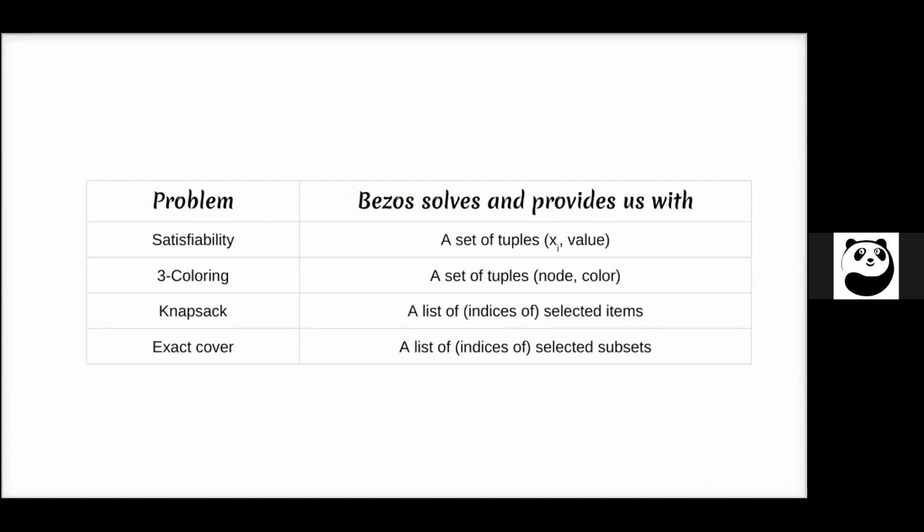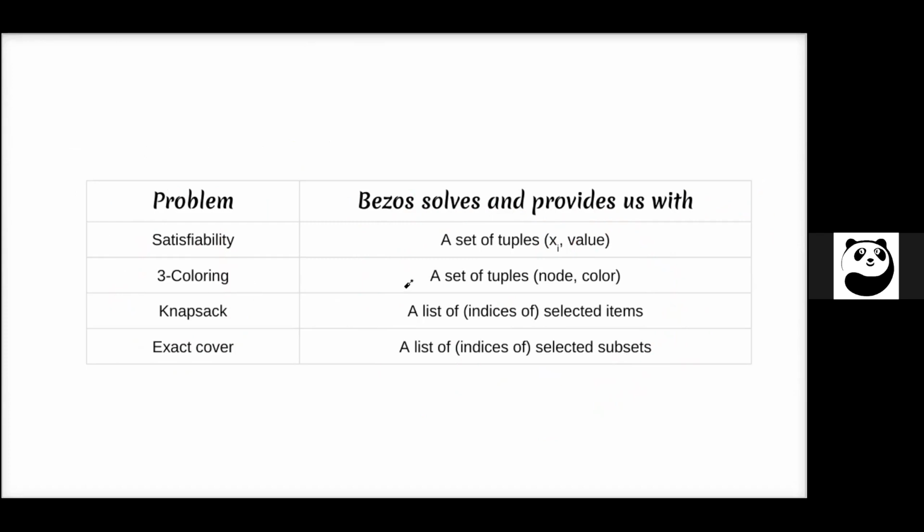Okay, so for all of the problems that we saw, satisfiability, coloring, knapsack, exact cover, this is what Bezos would send us after he crunched the solution, after he ran the search on his intergalactic AWS empire. For satisfiability, he gives us a set of tuples. Each tuple is the variable, its index, and the value. Is it 0 or a 1?